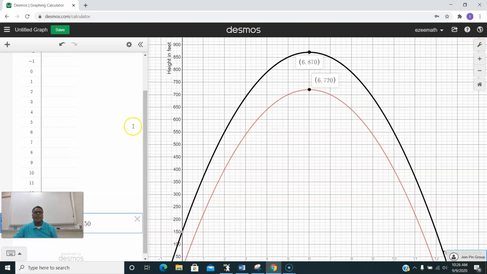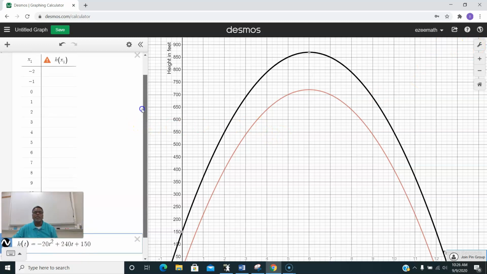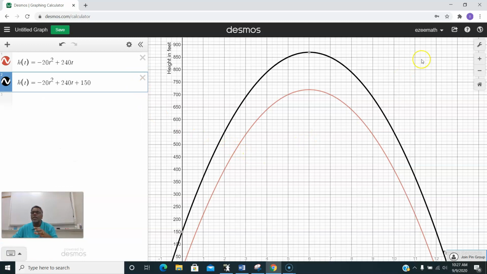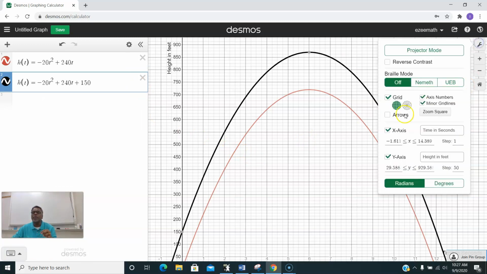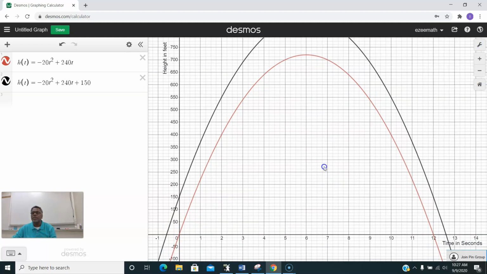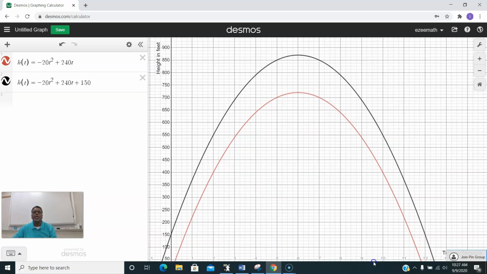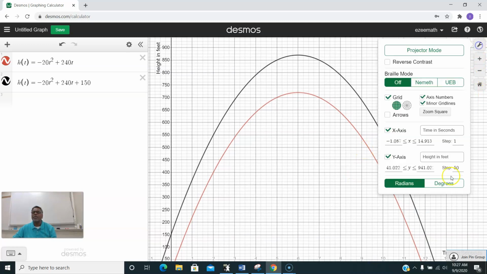Also, over here in the settings, I'll go up here and change it, since the x value also went up now. You can see it is a little more than 12 and less than 13. I'll take 13 for x, and for y I'll have 900. That's the only thing I will do here.